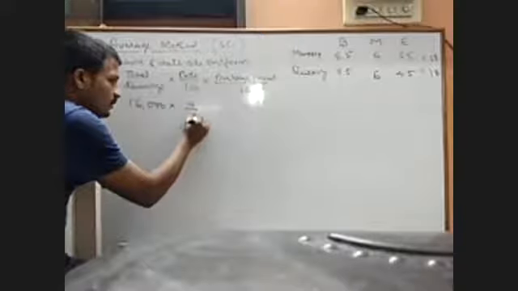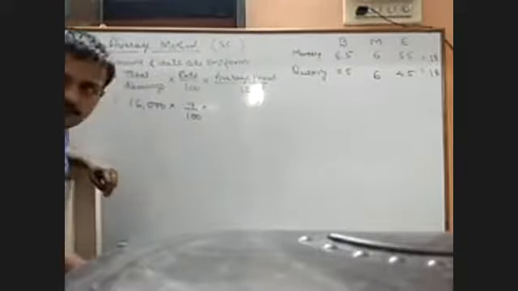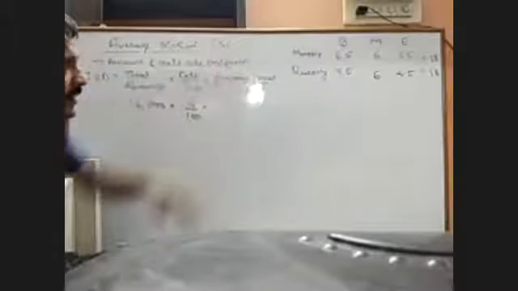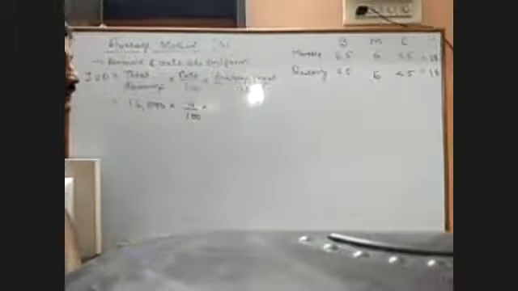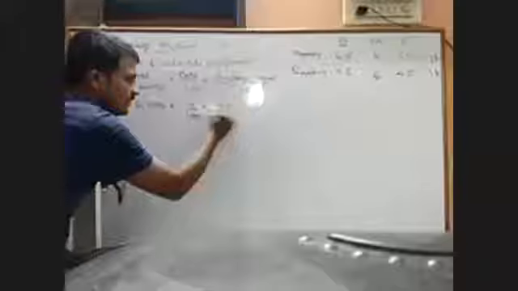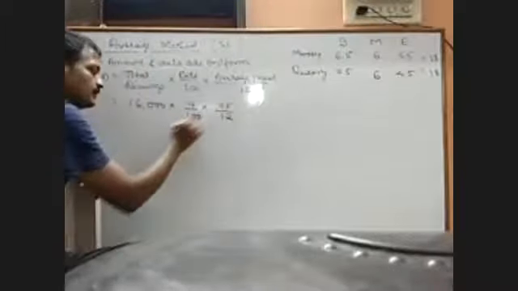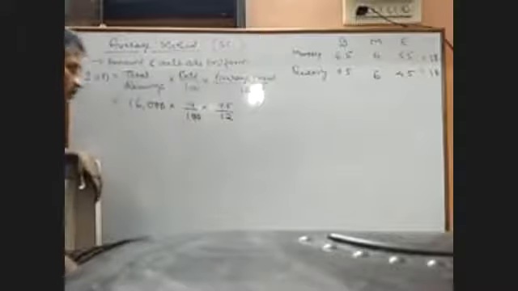So it will be 9 divided by 100 into... You just check that chart. What will be the value for beginning of the quarter? 7.5. We need to write here 7.5 divided by 12. Then I will be cutting these two zeros.